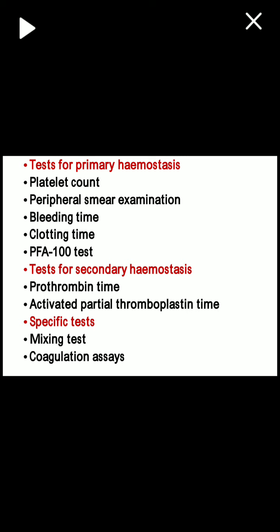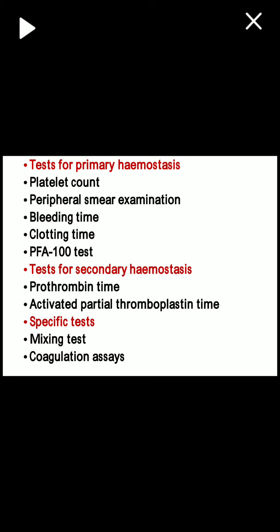If the count is decreased, if there are fewer platelets, then the platelet adhesion and activation, the primary hemostasis, gets affected. Then next is the peripheral smear examination, again to see the platelet count. Then we have some tests called bleeding time, clotting time and the PFA-100 test. All these tests will assess the integrity of the primary hemostasis.